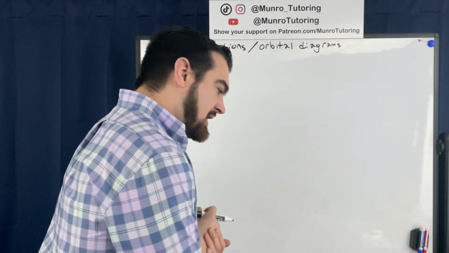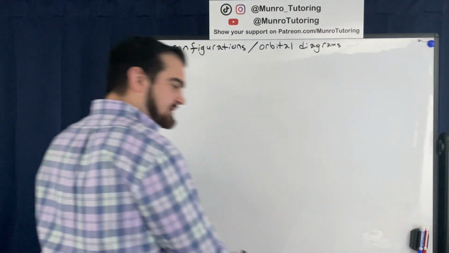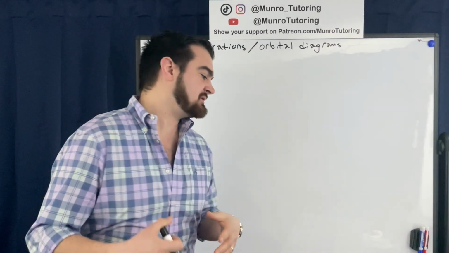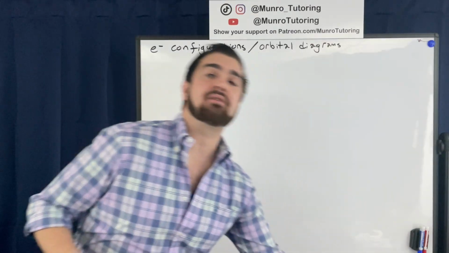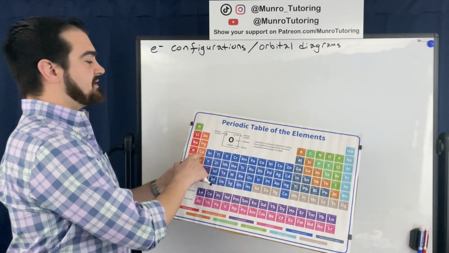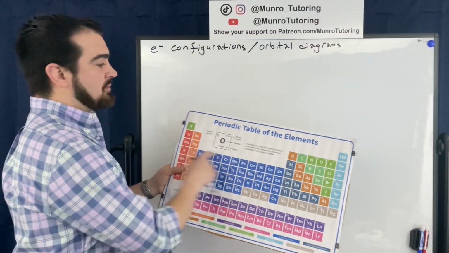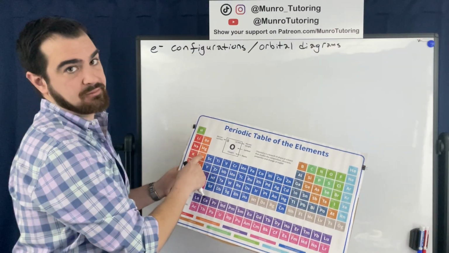So let's do something like chromium. That's a good one to do. When we did calcium last time, I showed how we skipped the 3D. If I do the noble gas shortcut here, it would be the electron configuration of argon followed by the 4s2.